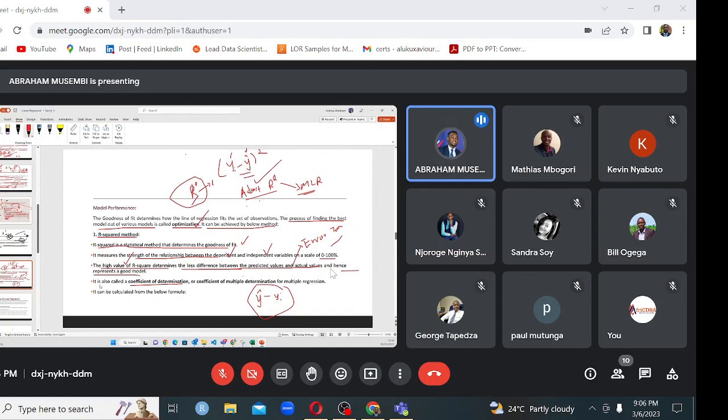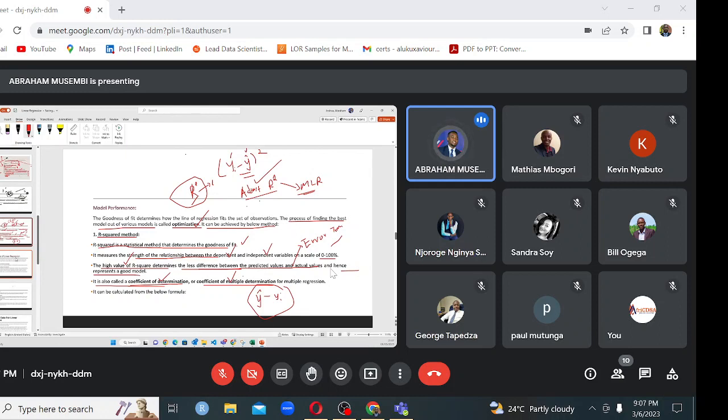It is also called the coefficient of determination, or coefficient of multiple determination. The latter is for multiple linear regression, and this one is for simple linear regression. Of course, we have a formula to calculate this.